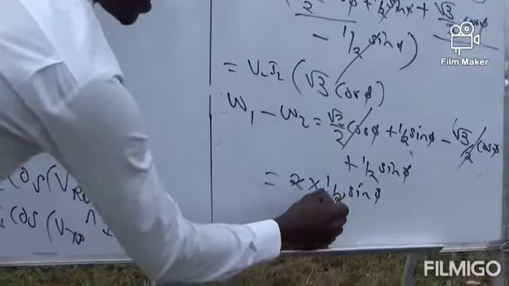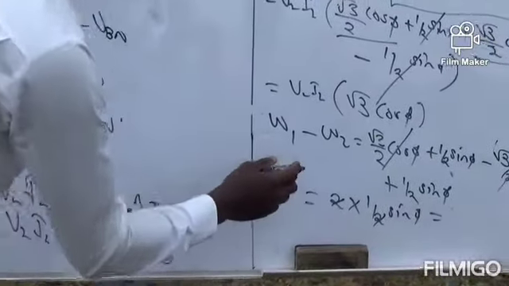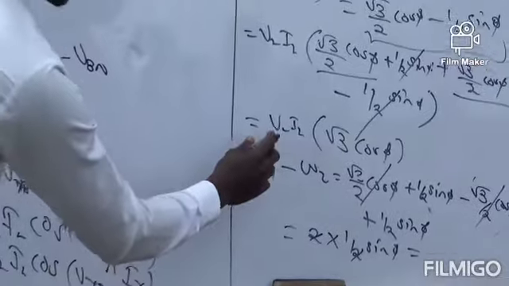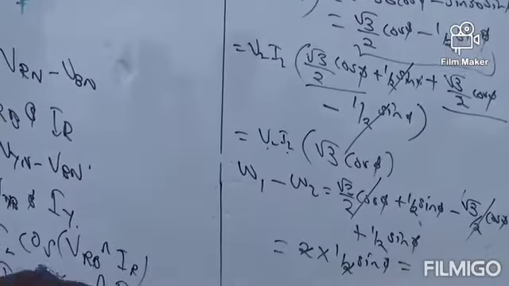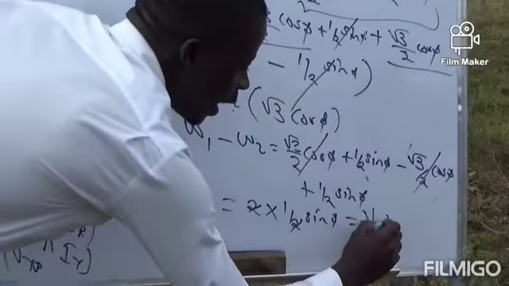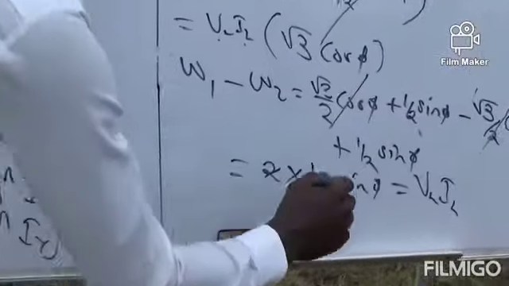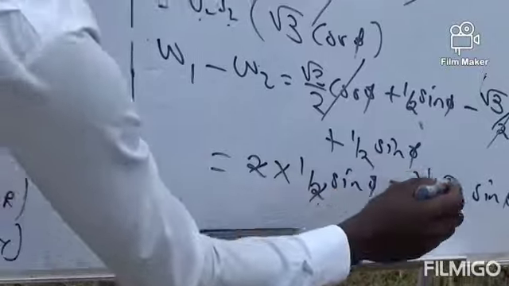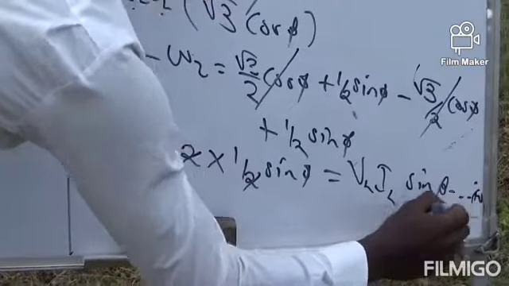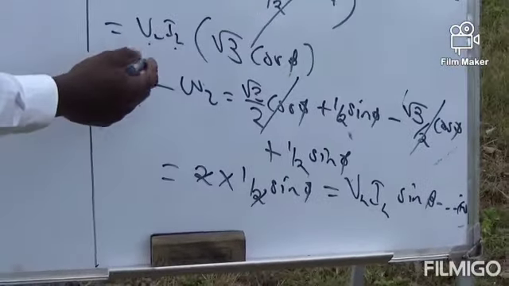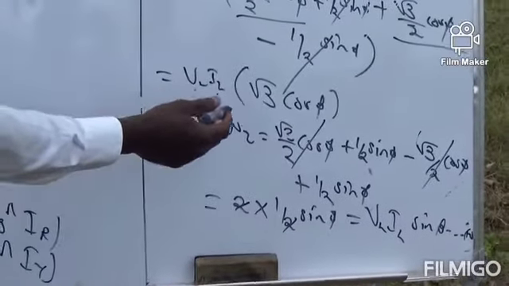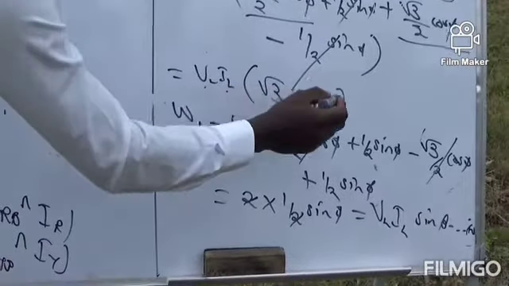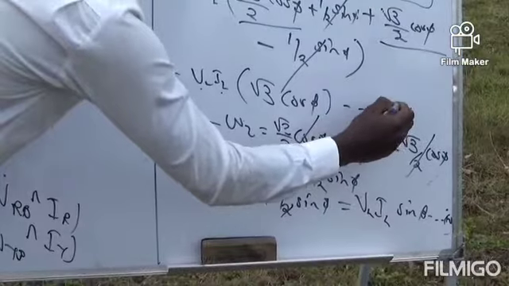So this will cancel this so that we remain with, remember we are having VL IL outside the bracket, so it will be VL IL sin phi. And this one becomes our equation 4. This other one, the VL IL into root 3 cos phi, was our equation 3.